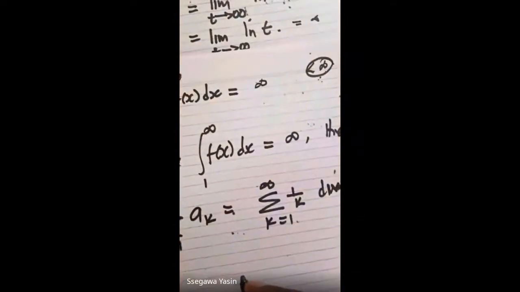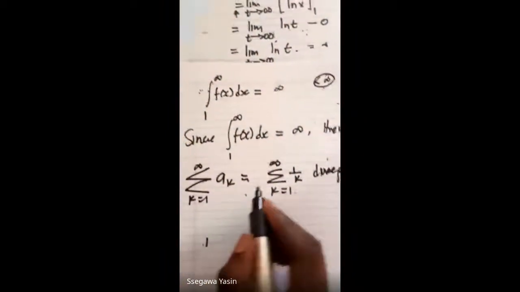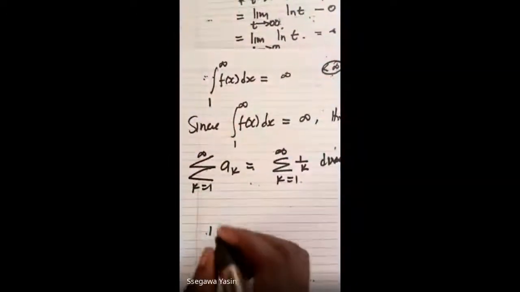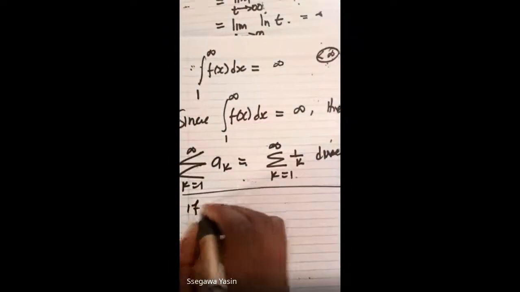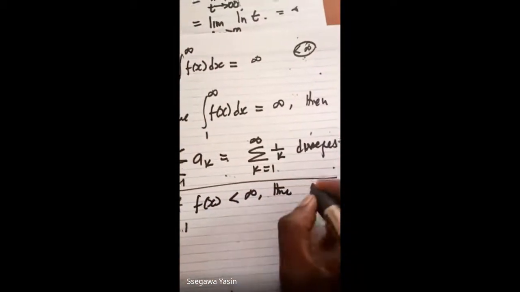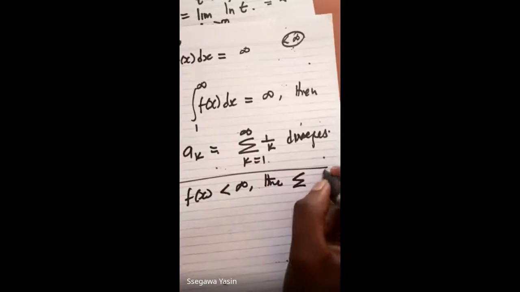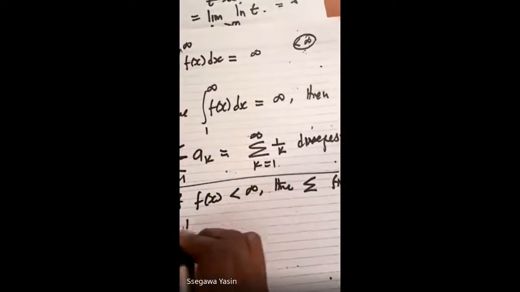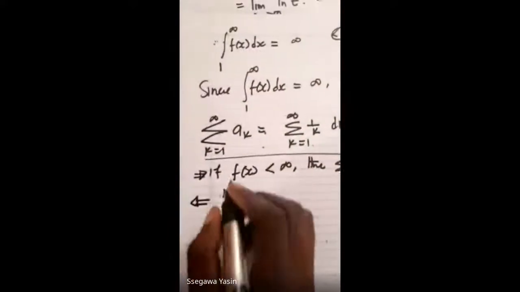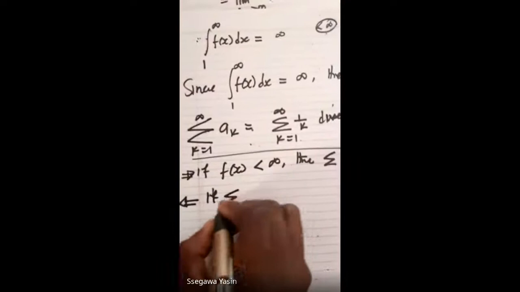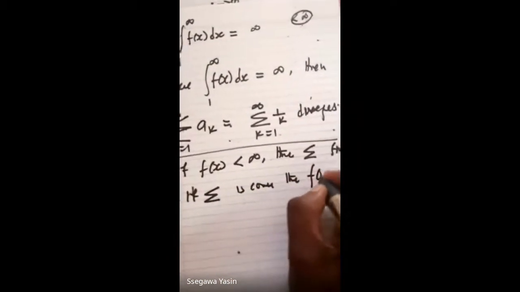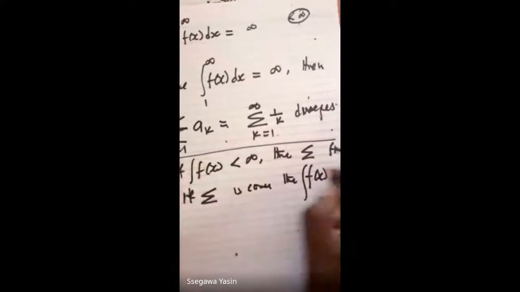Because why is it that it diverges? Because we have already seen. Remember we said if and only if, and the interpretation is clear: if the integral of f of x is finite, then this series is finite. Otherwise, when you are coming back, it implies that if the series is convergent, then the integral of f of x exists.